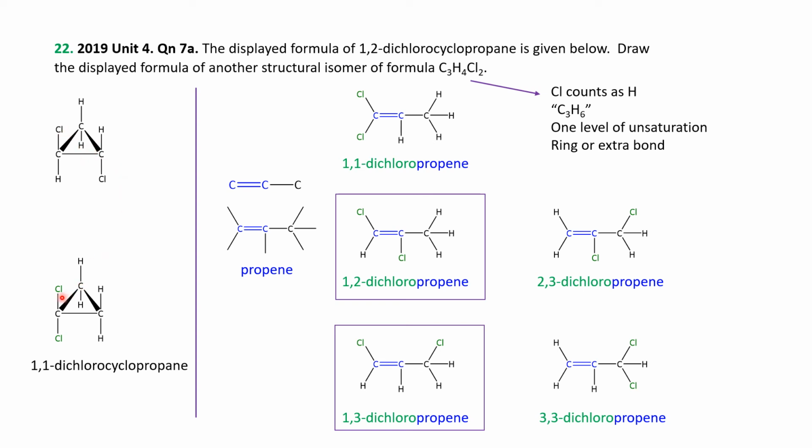So this one here has a chlorine above and a chlorine below. But over here, you could have a chlorine above and a chlorine below, or another isomer in which both chlorines are above. Although it's not a structural isomer per se, it is a geometric isomer. This would be trans, this would be cis.